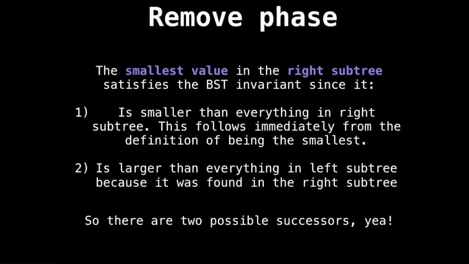Similarly, if we find the smallest value in the right subtree, it would also satisfy the binary search tree invariant for the following reason. It would be smaller than everything in the right subtree, and this is immediate from being the smallest in the right subtree, and also larger than everything in the left subtree because it was found in the right subtree. And we know things in the right subtree are greater than everything in the left subtree. So we come to this conclusion that there must be 2 possible successors. So we can choose either or. Fantastic.